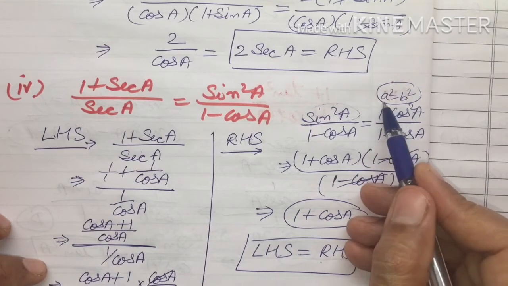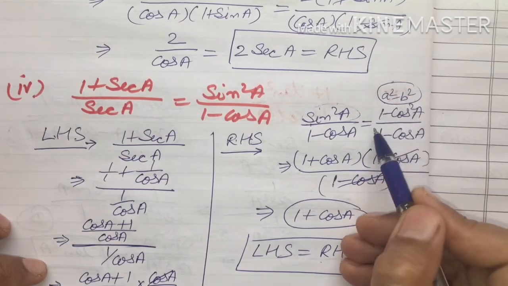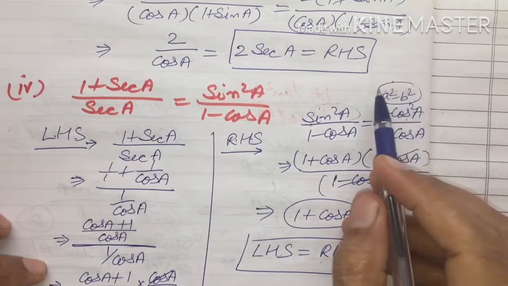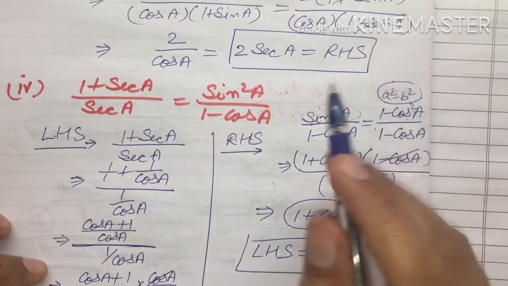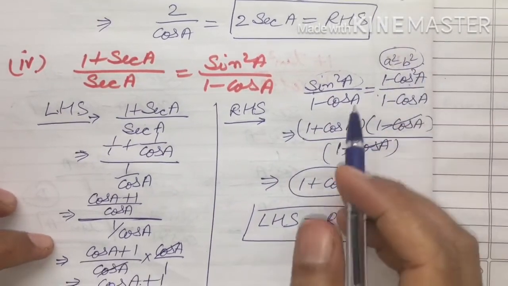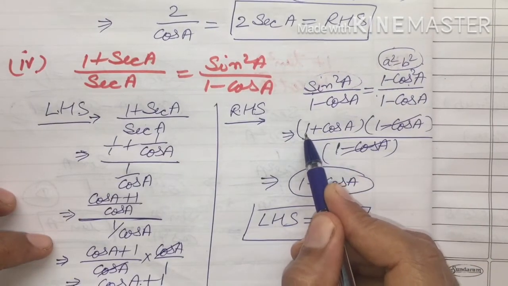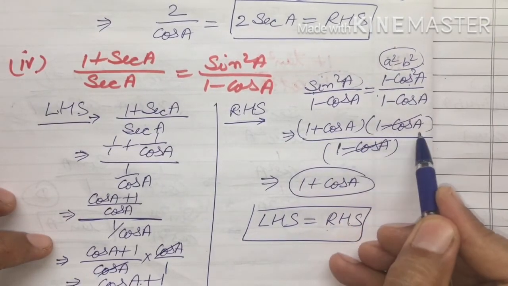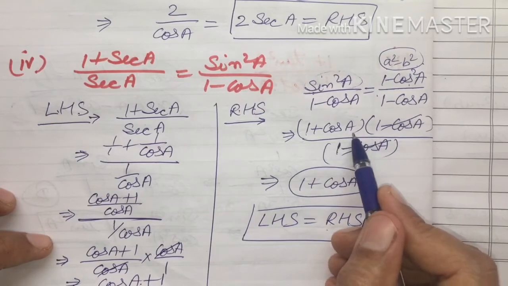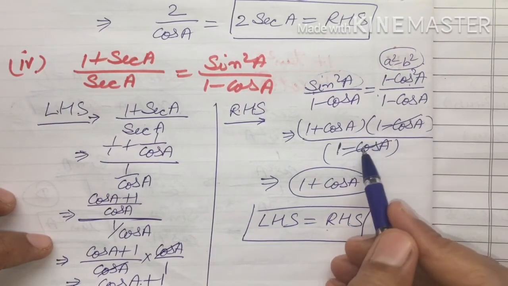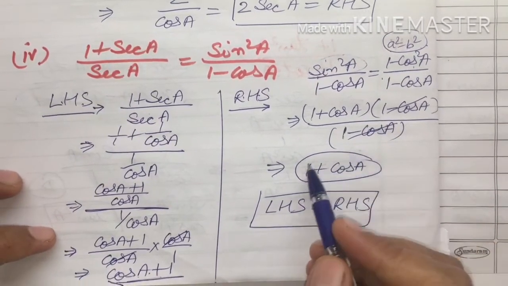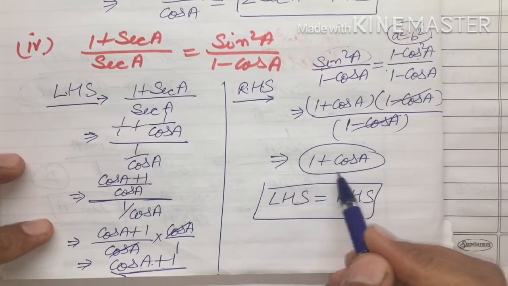And this is the identity a square minus b square. A is 1 and b is cos a. So a square minus b square is equal to a plus b and a minus b. So we need to change it into a plus b and a minus b. These terms are in multiplication, so we can cancel the same terms up and down. So what is left here? 1 plus cos a is left.